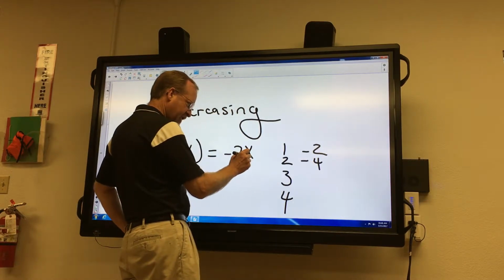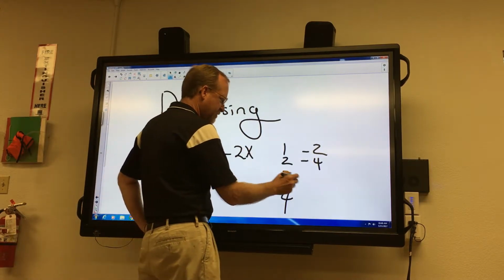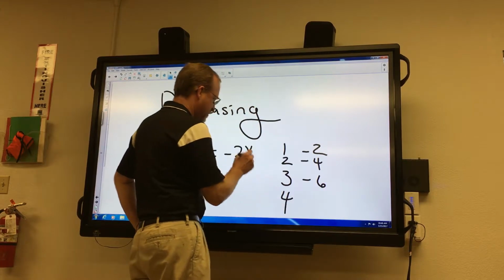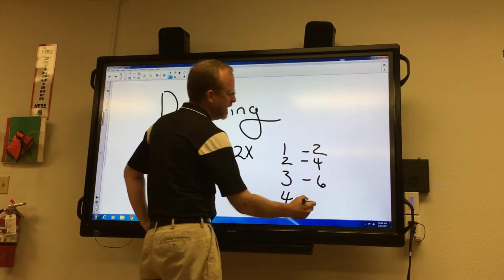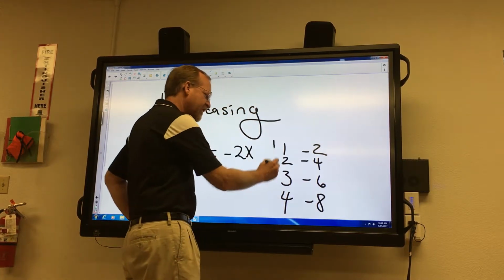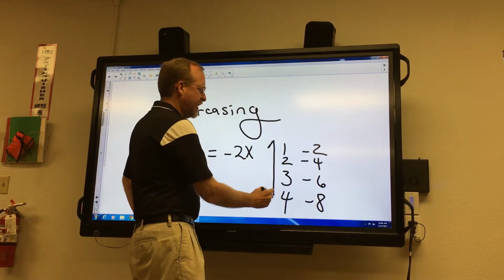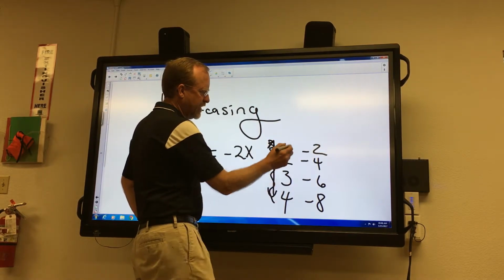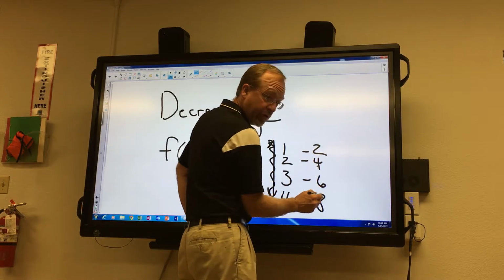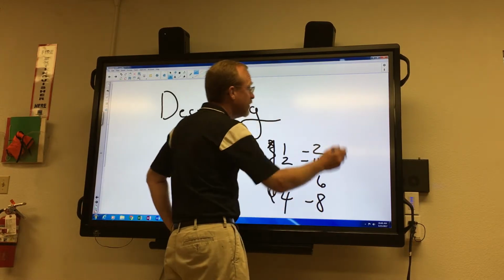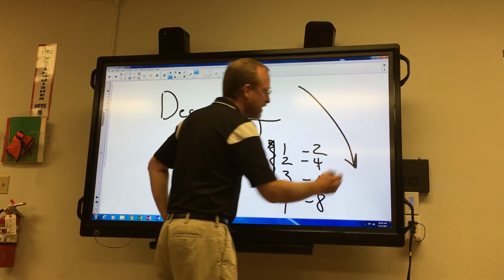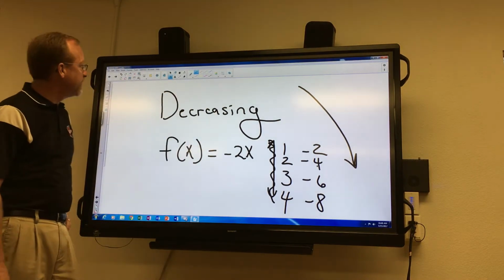If I put a 3 in there, negative 2 times 3 is negative 6. If I put a 4 in there, negative 2 times 4, wait a minute. You'll notice these numbers are getting larger, but these numbers, you're going further in the hole. These numbers are getting smaller, so the overall function is decreasing.